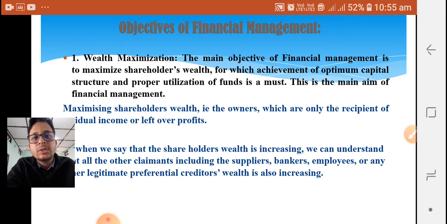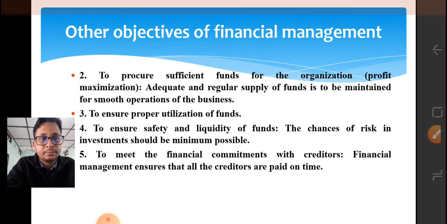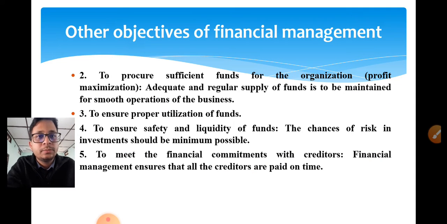And who are those equity shareholders? They are the owners of the firm, who have the right to participate in every administrative activity of the firm, and who are entitled only to the remaining amount of profits of the firm. I hope this is clear to you.